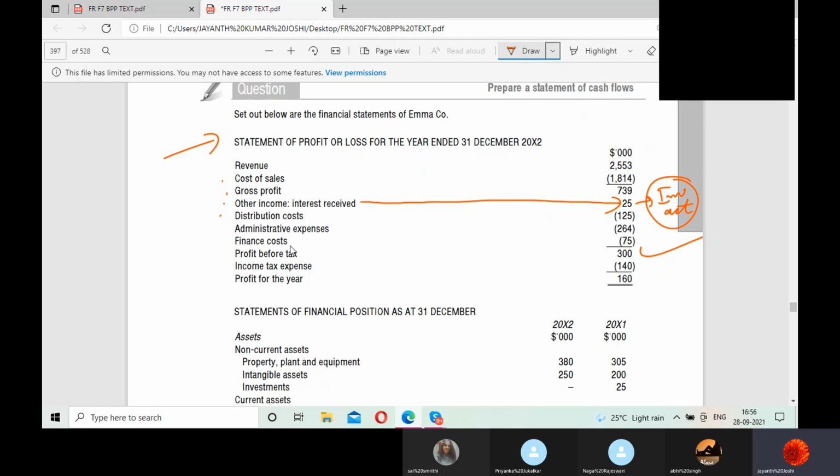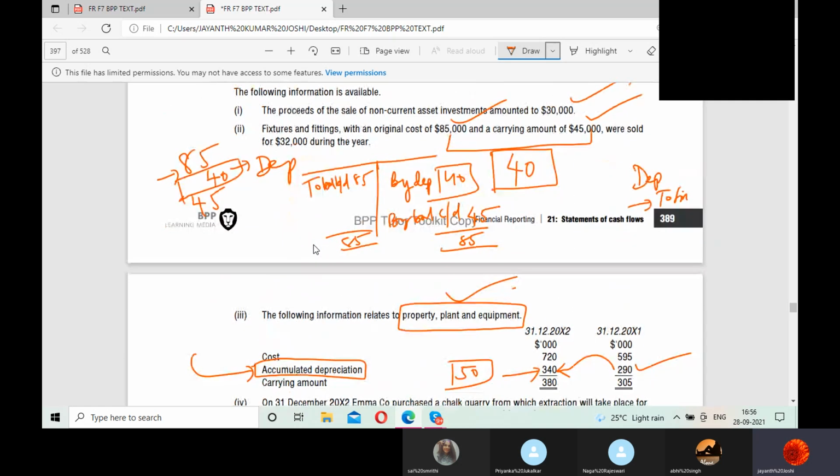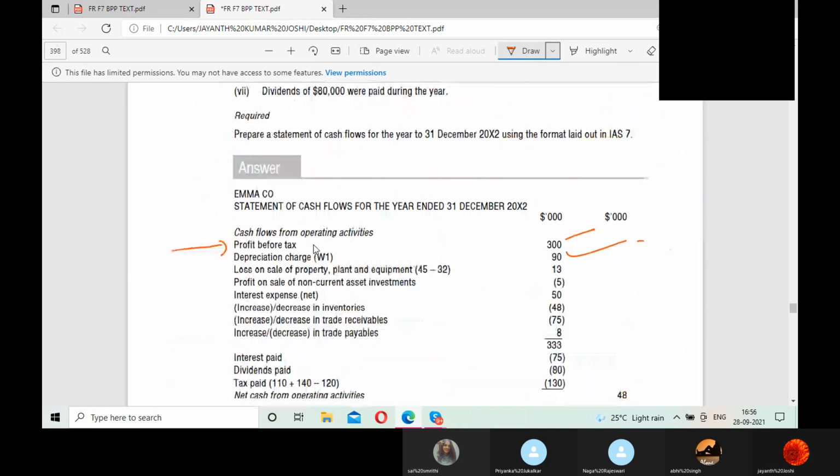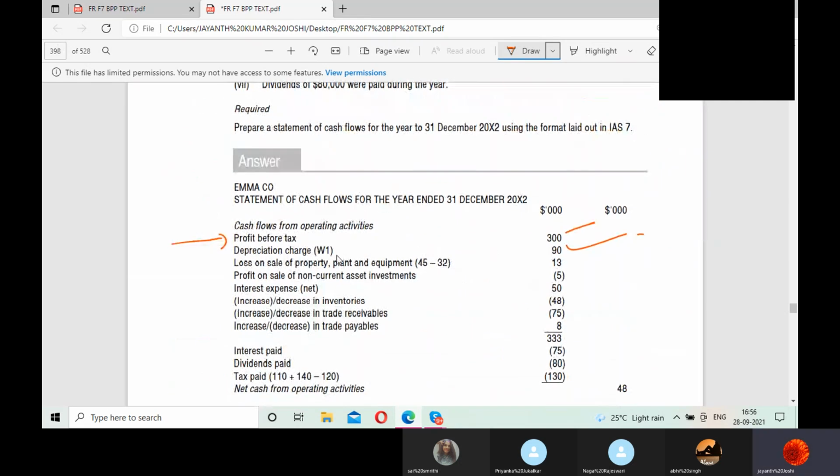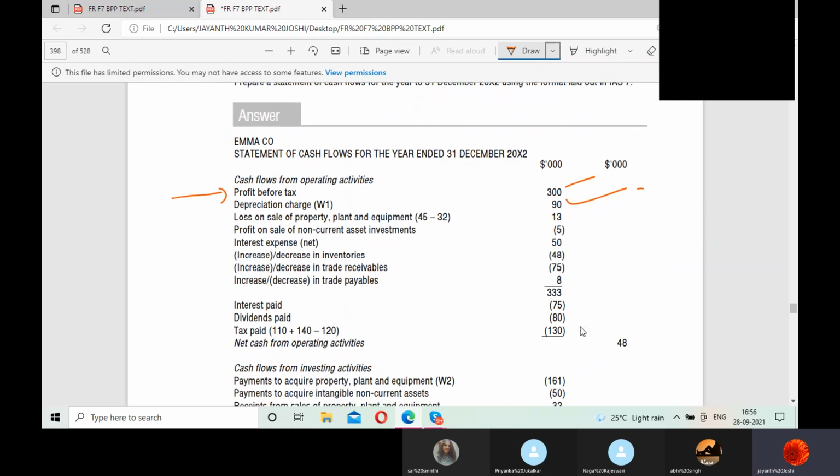Other things, what they have given is finance cost. Finance cost is kind of a non-operating nature expense. Any doubts?